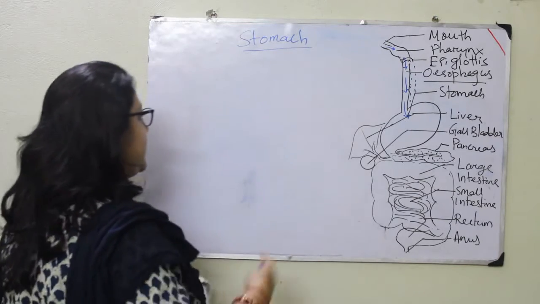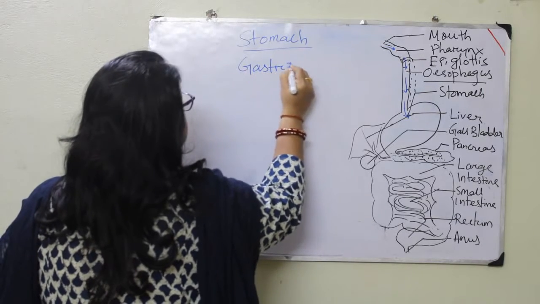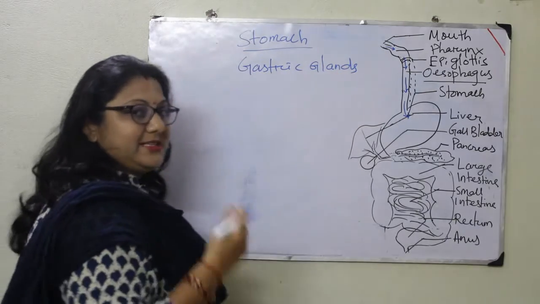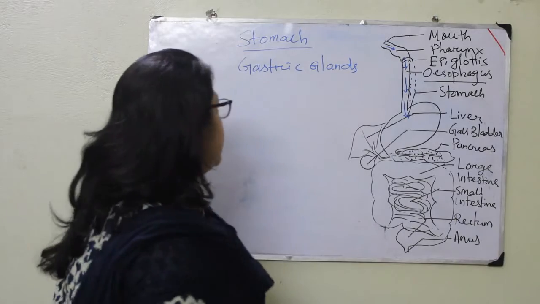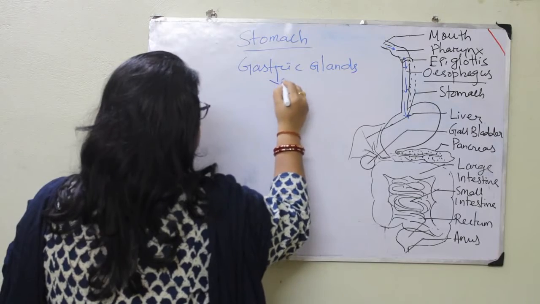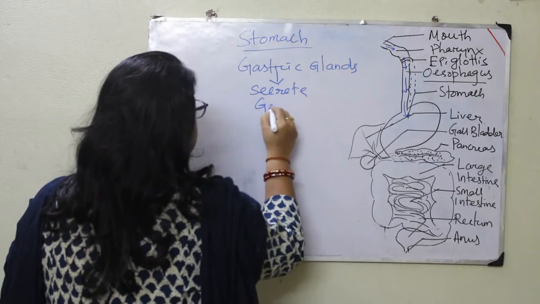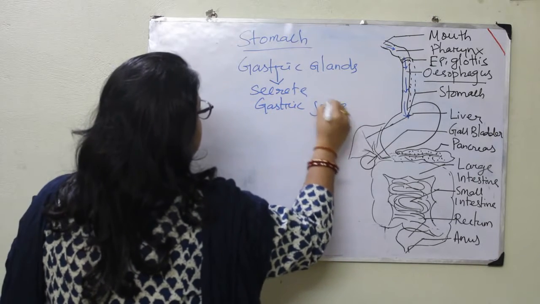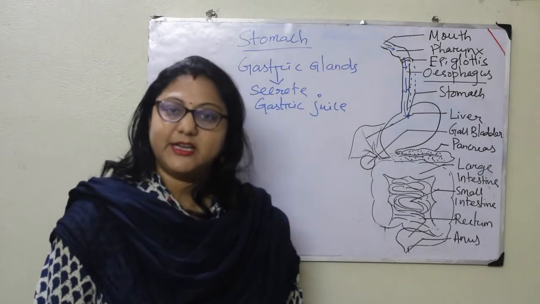So let us just see what are present in these gastric glands, or we can say what role these gastric glands play during the digestion process. The gastric glands secrete gastric juice. Okay, the gastric glands secrete gastric juice.